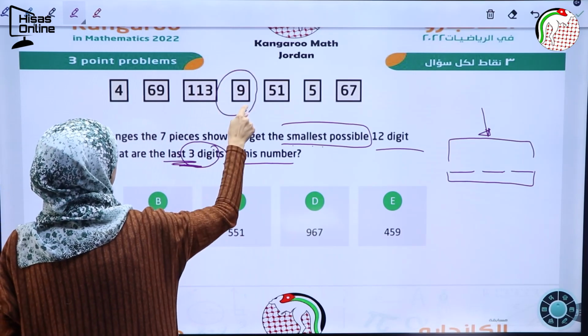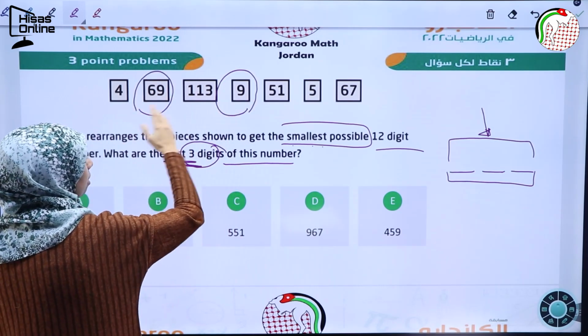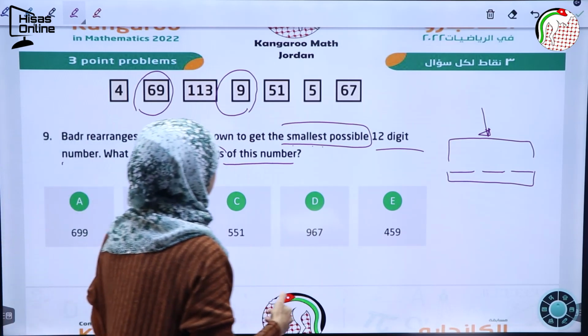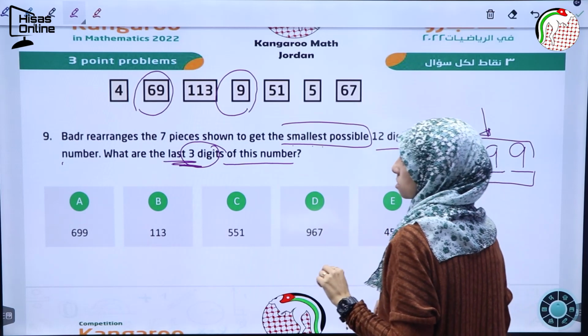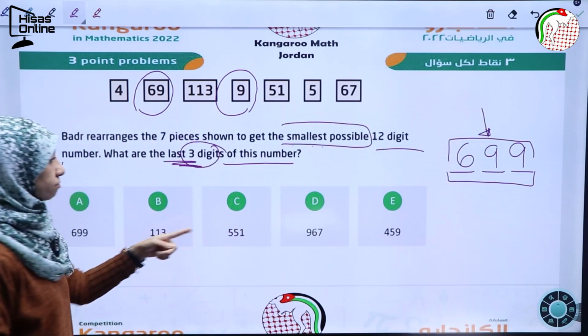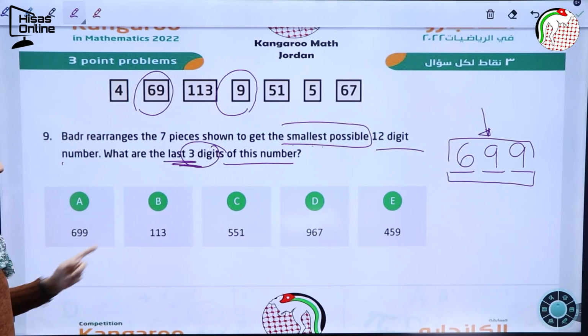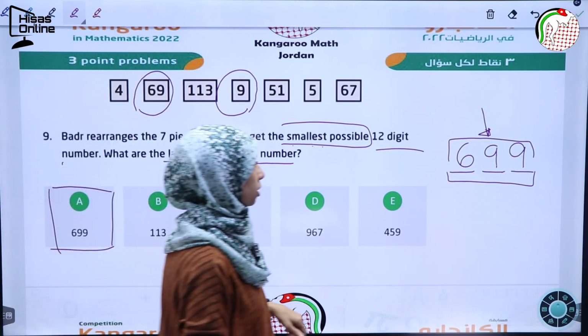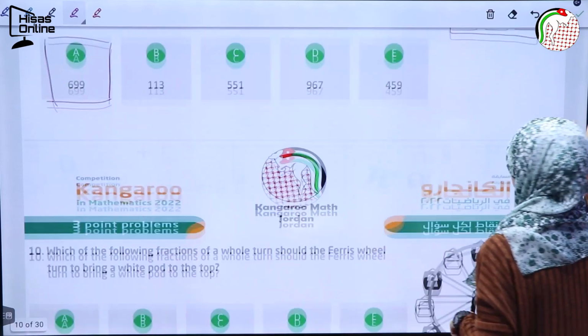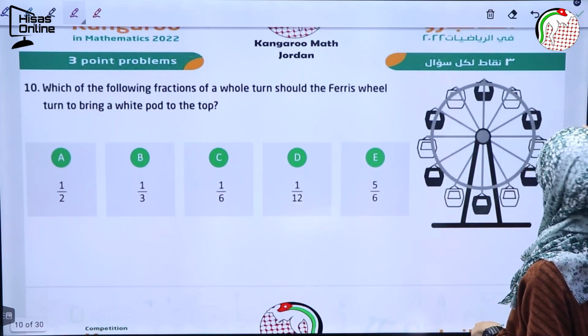I have this and I have this. Others can be arranged later. So I may have 9, 9, and 6, which, out of all those 5 options, is option A for this question. And question 10.